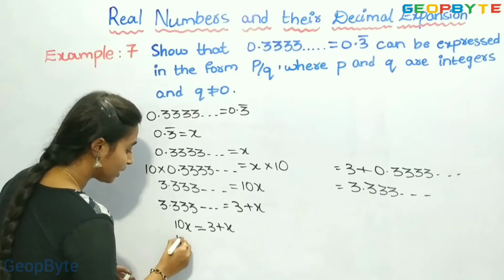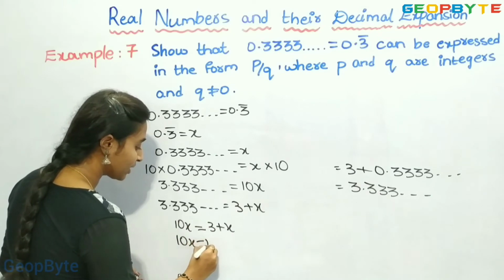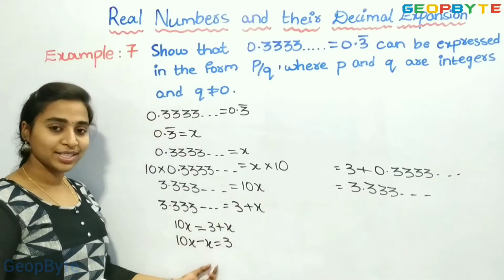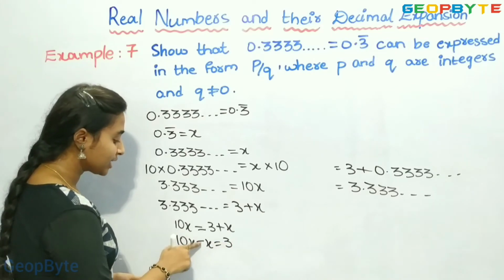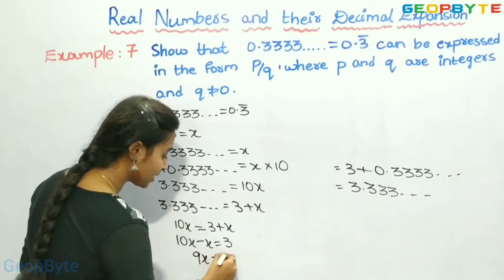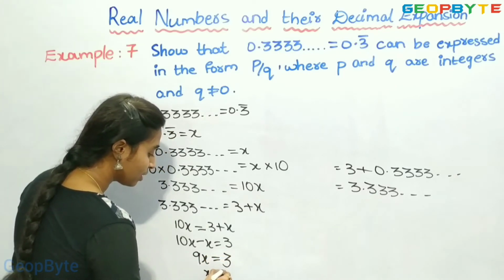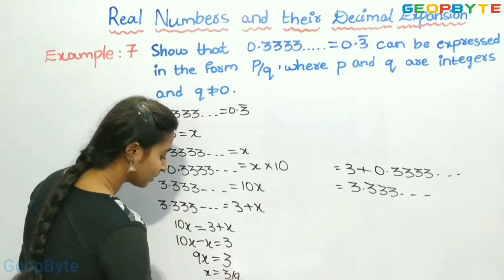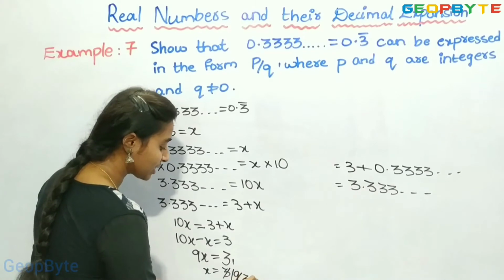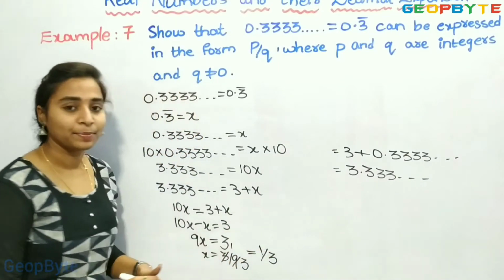Now, 10x, if this x comes towards the left hand side, it becomes minus x. So, 10x minus x is equal to 3. 10x minus x is nothing but 9x is equal to 3. x is equal to 3 by 9. 3 ones are 3, 3 threes are 9. So, it is nothing but 1 by 3.